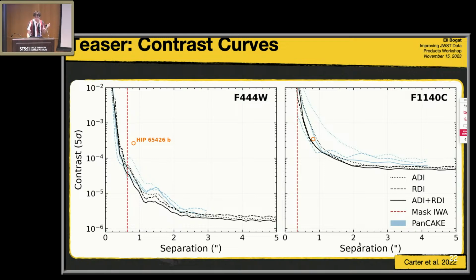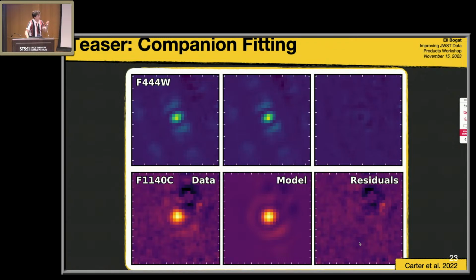Finally, we are going to use that same sort of forward modeling technique to actually fit any companions that we see. On the left is the data in the NIRCam and the MIRI observations, then the model that has been forward modeled and passed through the same reduction pipeline, and then the residuals at the end, and you can see that we're able to fit them fairly well.